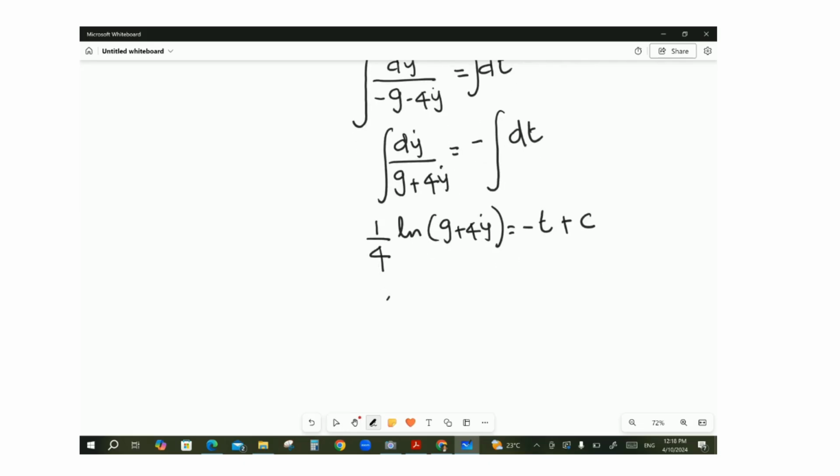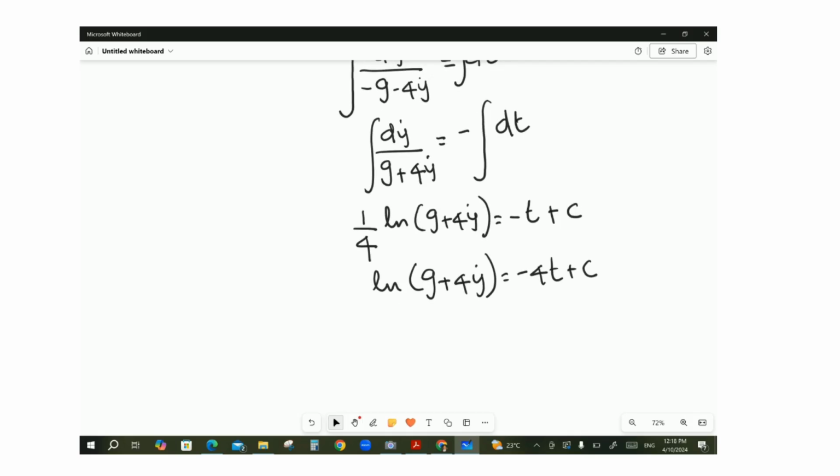So then ln(g + 4y dot) is equal to minus 4t plus c, because if you multiply the constant by 4 it is still a constant.